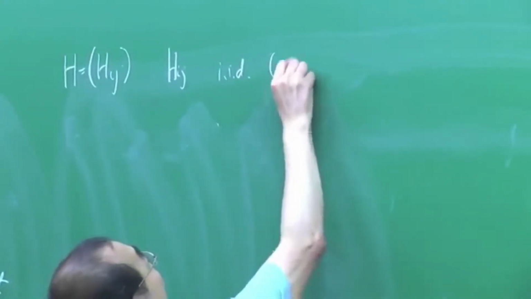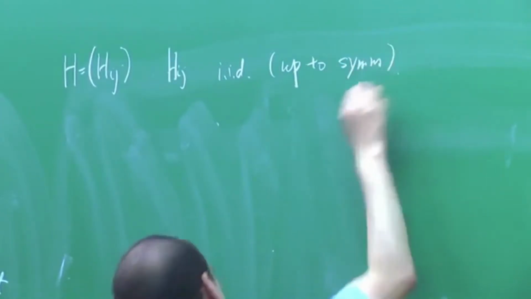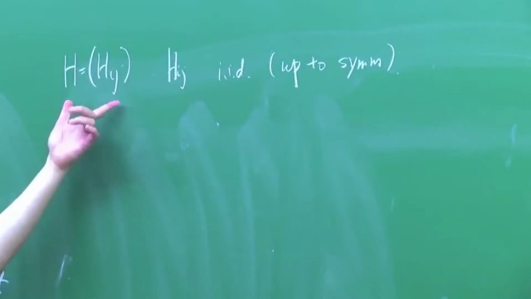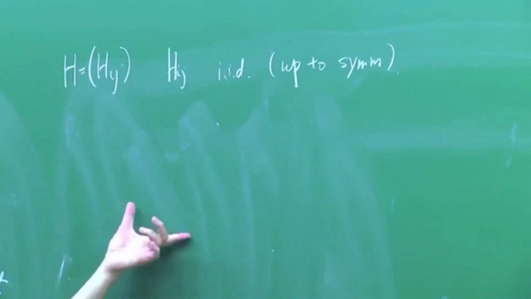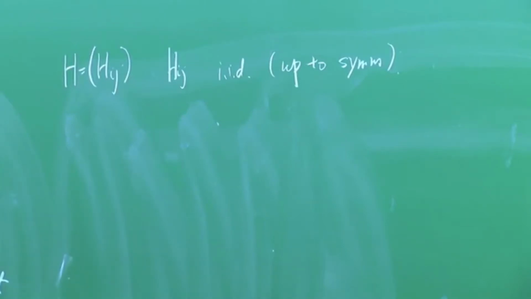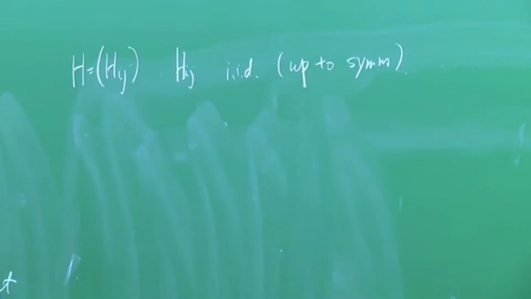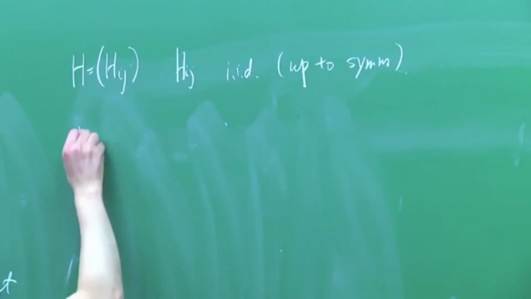It's always up to symmetry, so I will not say it. Now, suppose we ask the question, how do you know the properties of the eigenvalue distribution? This is the question we are going to try to answer. He did this in the 1950s. His idea is called the moment method.